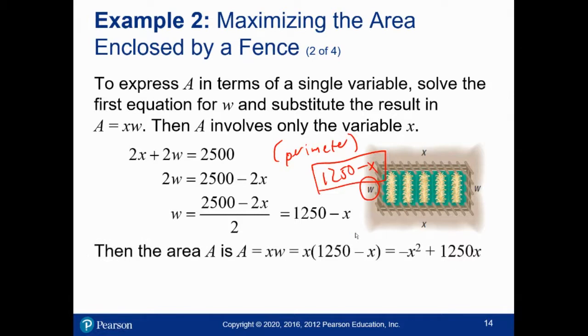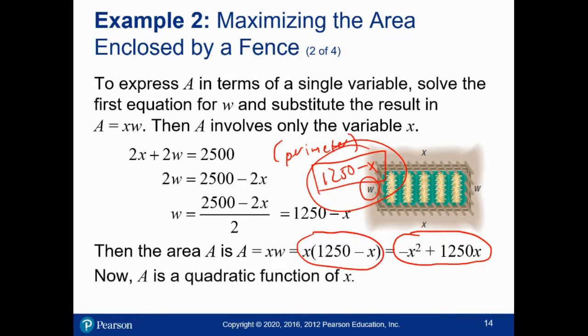So then the area, x times w, distributes and rearranges in standard order as negative x squared plus 1,250x. Now the question is, what choice of x will maximize this area? If I can find the value of x, then I will also have found w, because it's 1,250 minus x, and I'll know how big to make my rectangle lengths to get the biggest area possible.